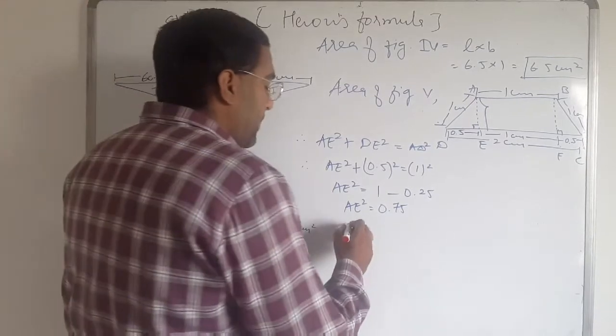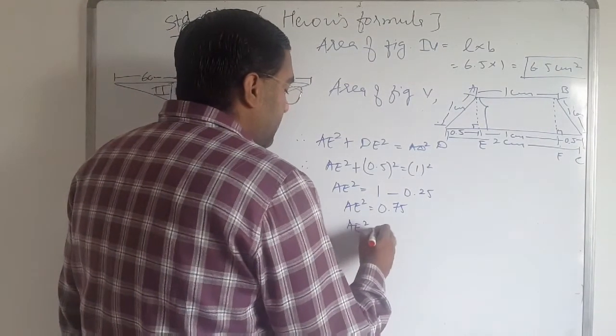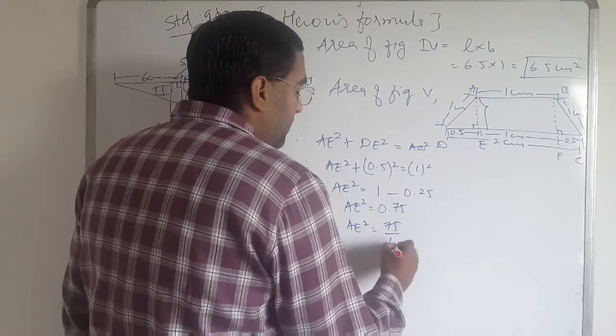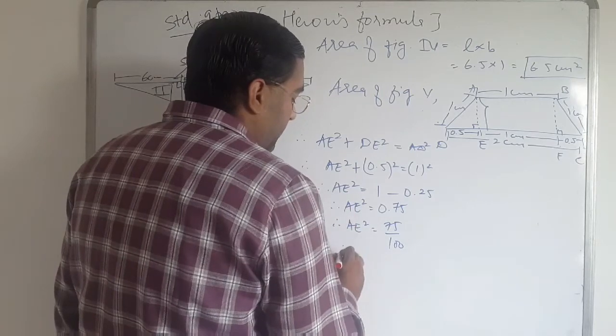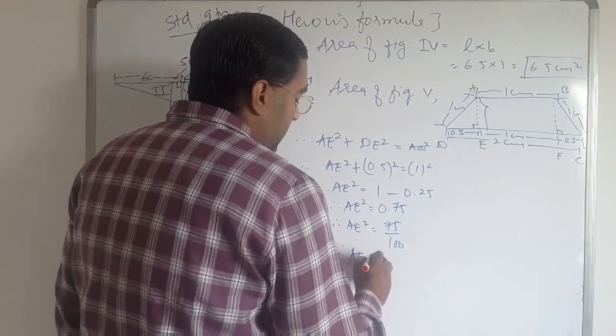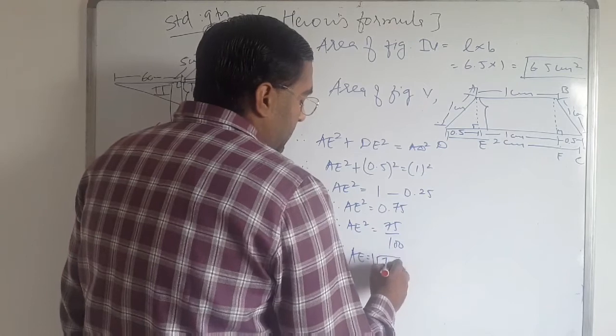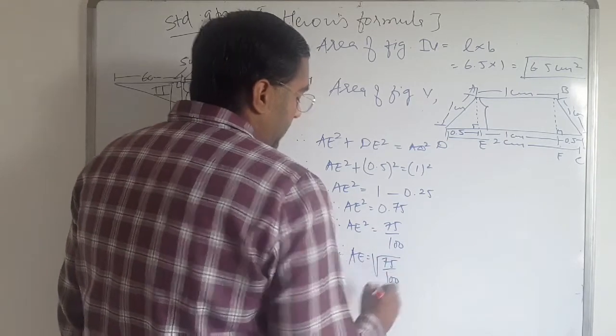0.75 is also known as 75 by 100. Now we take the square root, so AE is equal to the square root of 75 by 100.